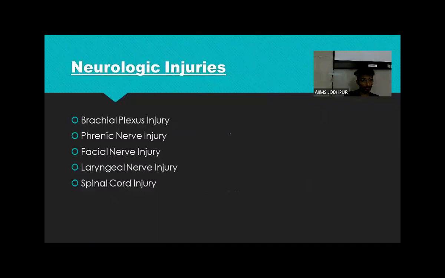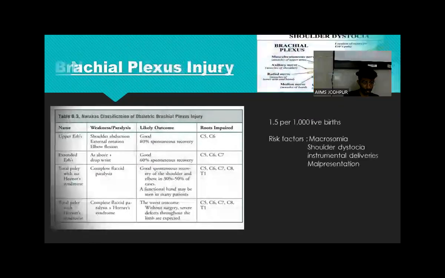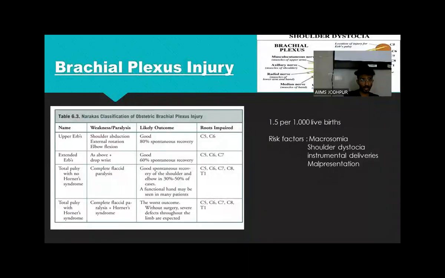Now, one of the main topics: neurological injuries which can occur following birth injuries. Among them are brachial plexus injury, phrenic nerve injury, facial nerve injury, laryngeal nerve injury, and spinal cord injury. The brachial plexus injury is very common, present in about 1.5 per 10,000 live births.